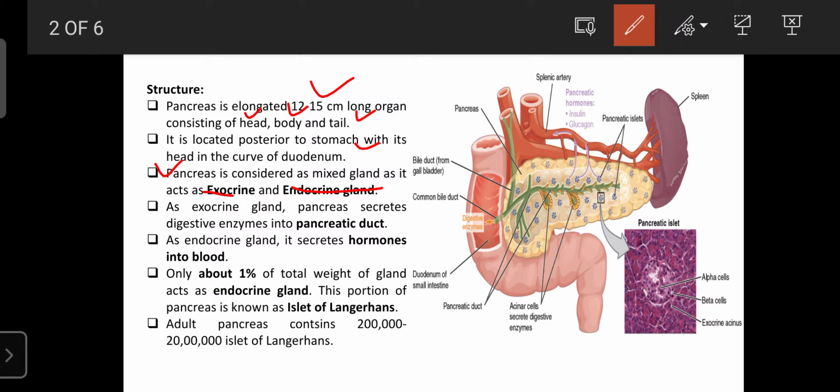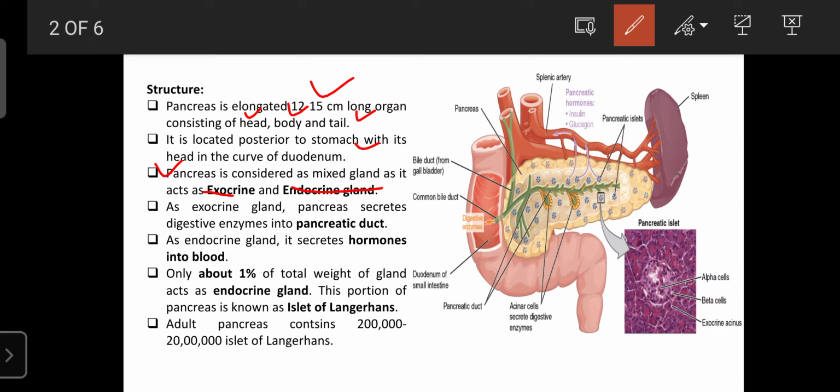Due to that action, it is considered an exocrine gland. The pancreatic gland also secretes hormones like insulin and glucagon, which are secreted directly into our blood without any ducts.